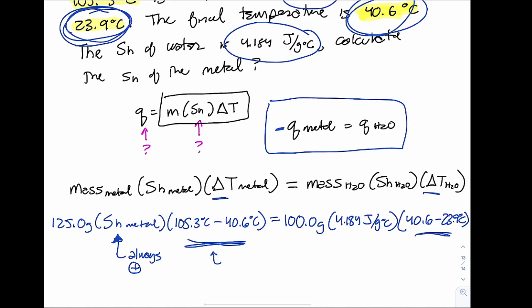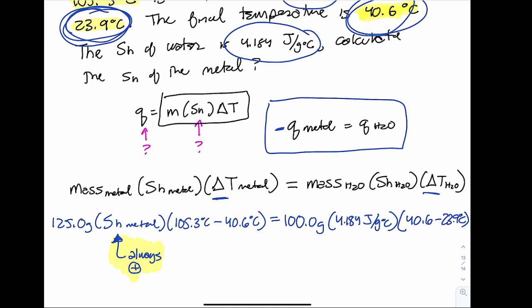So again, I'm just noting the fact that my specific heat has to be positive, and then I'm doing my temperature changes in a way that gives me a positive value. If you did your temperature change the other way and your answer came out negative, then just ignore the negative, because specific heat has to be positive. Hopefully that made a little bit of sense to you guys.